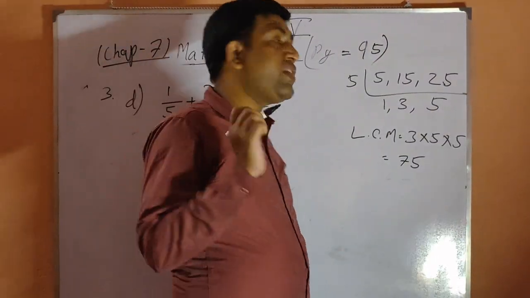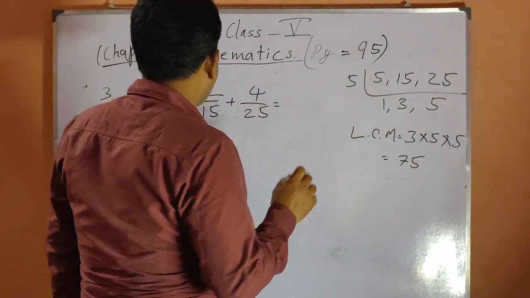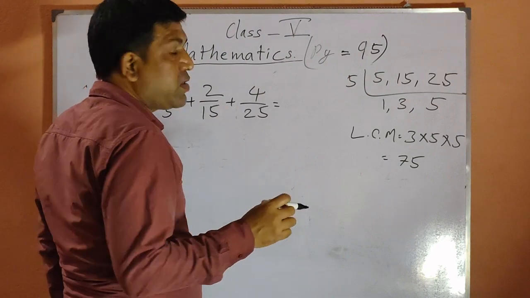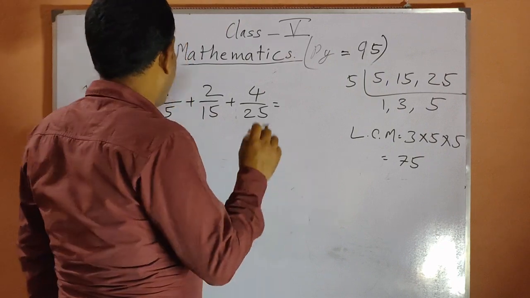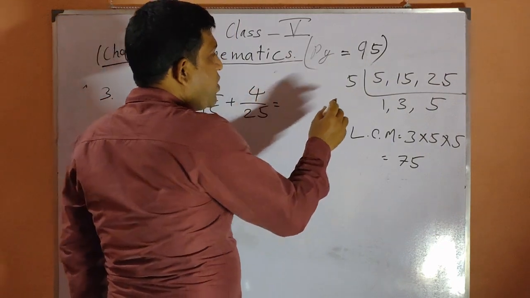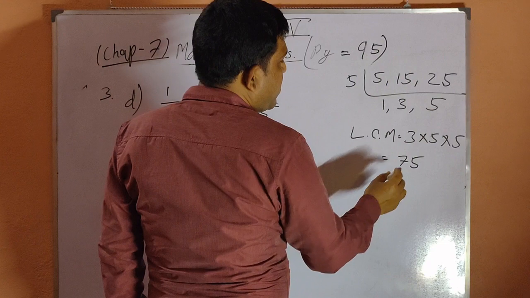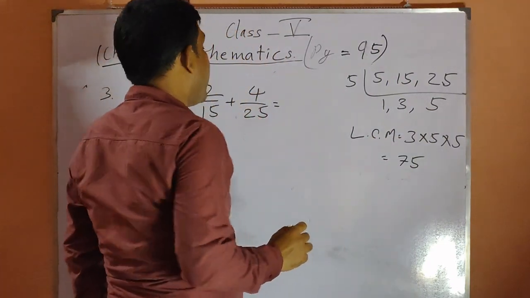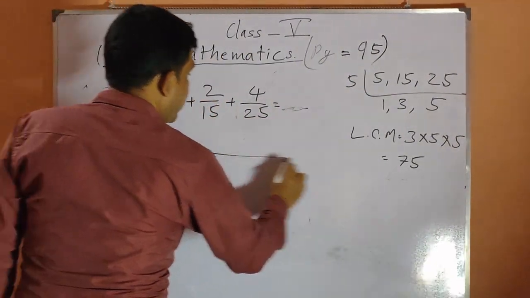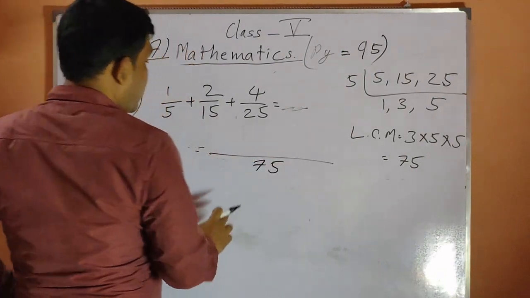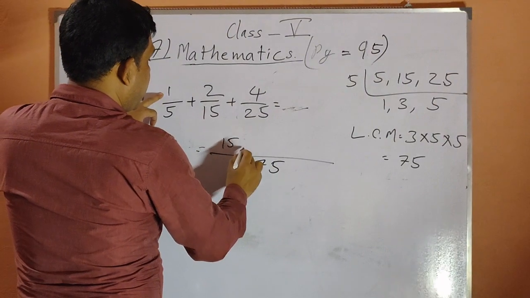Now question number 3D. The sum of the fractions is given: 1 by 5 plus 2 by 15 plus 4 by 25. You have to make the LCM of the denominators 5, 15 and 25. You get 3 into 5 into 5, so 75 is the LCM. 75 divided by 5, you get 15, 15 into 1, 15.